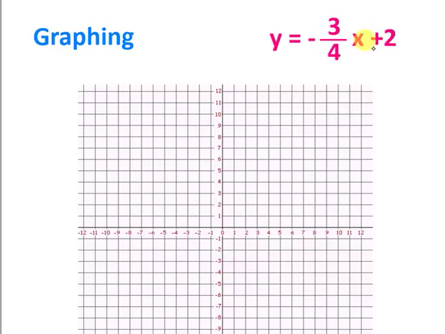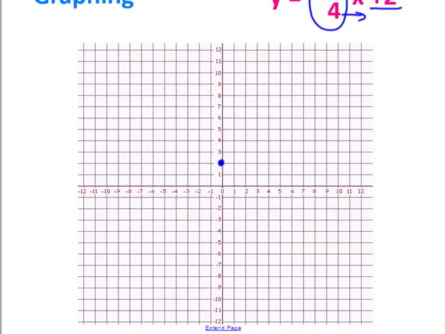All right, next one. So our y-intercept is positive 2. And our slope is negative 3 over 4. So I'm going to go down 3, to the right 4. Okay?